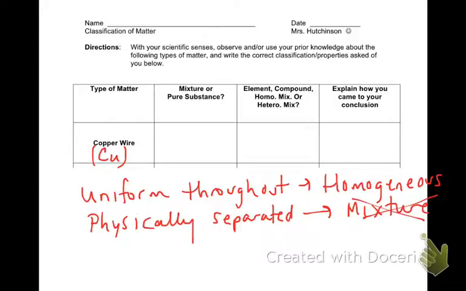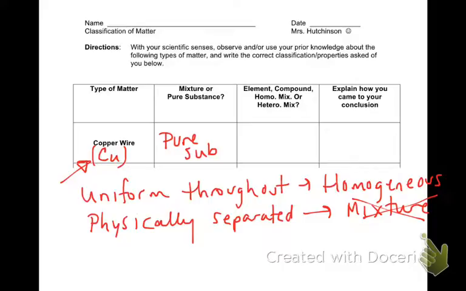So now we have to talk about a pure substance. It's either a pure substance or a mixture. Since we determined that it can't be physically separated at the atomic level, we're talking about a pure substance. Now that we've canceled out heterogeneous and homogeneous mixtures, we're looking at elements or compounds. Can our copper wire be chemically decomposed?